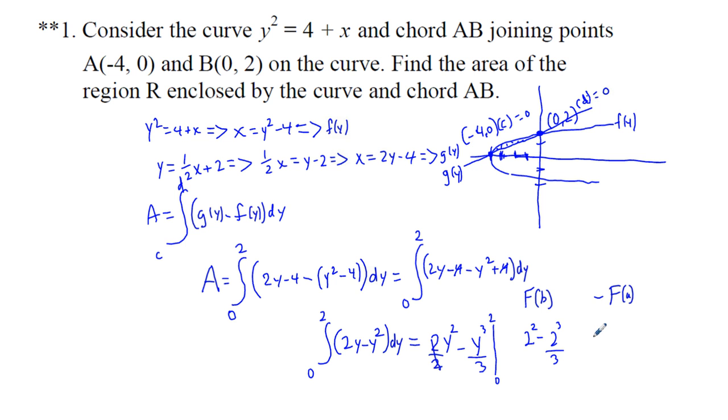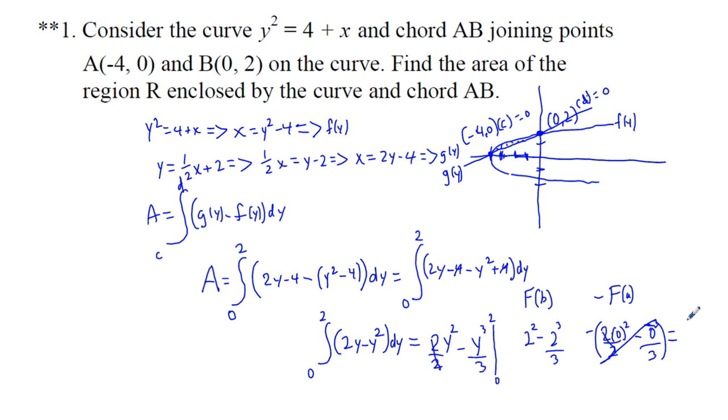And then for minus F of A, we're going to have 0 squared, 2 times 0 squared over 2, and that cancels there, essentially 0 squared. And then we have minus 0 cubed over 3. So this part just zeroes out.